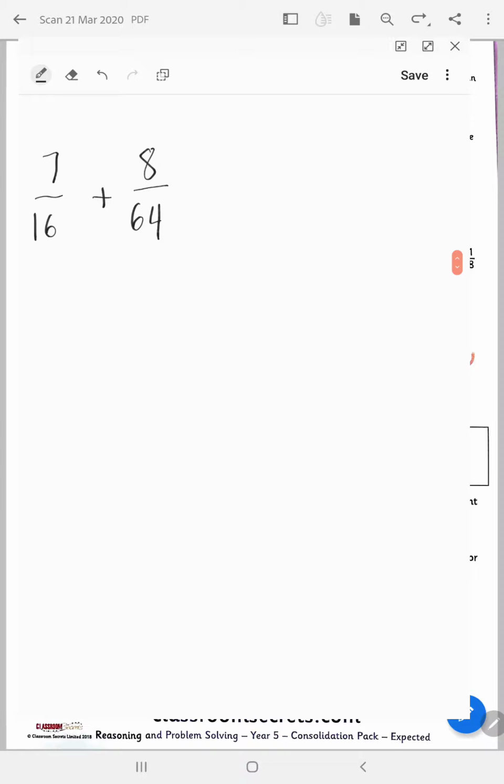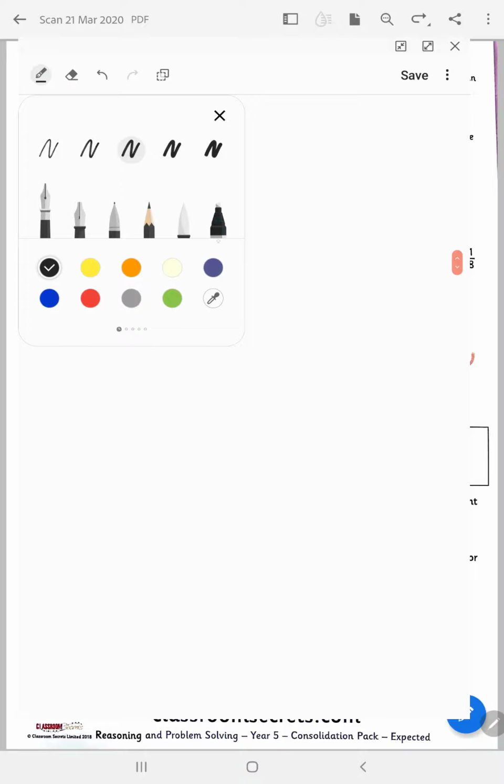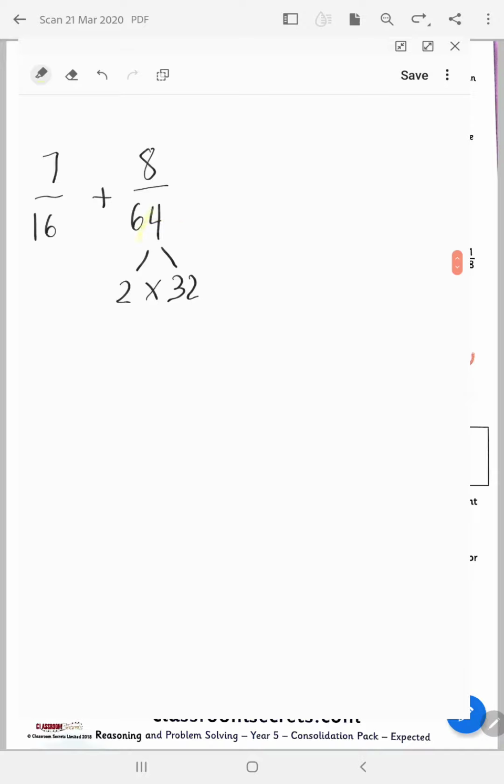Adding fractions again, we need to make sure that we have a common denominator. Here, by finding factors, I can see that 64 is the same as 2 times 32. If you see 64 divided by 2 will give you 32, and 64 divided by 32 will give you 2.